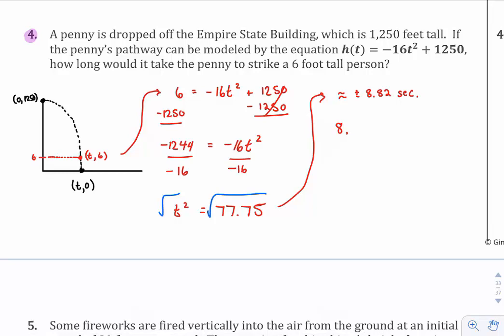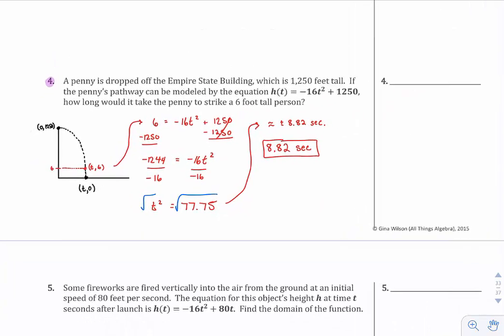So it's going to take a positive 8.82 seconds to hit that person who is 6 feet off the ground. So that's your answer for that one.